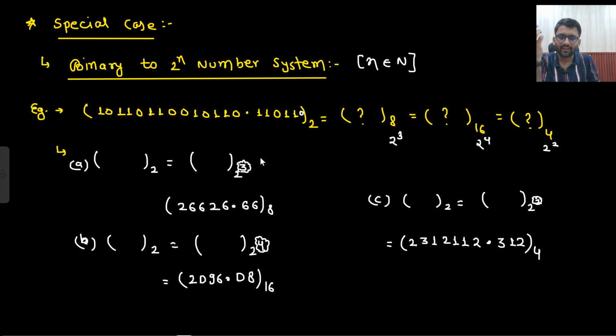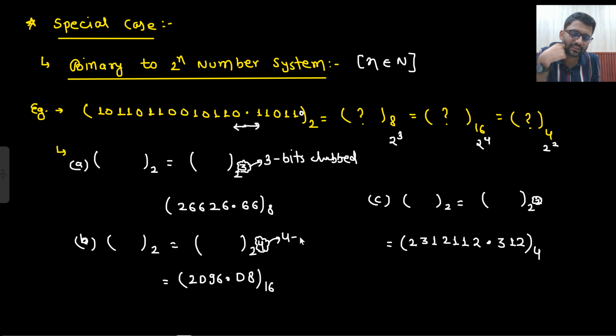So here I can write 3 bits clubbed together. This is the starting point. I will go here and I will go there. Here I am writing 4 bits clubbed. You need to start from this point, that you need to remember. And here 2 bits clubbed, that you will get to know.